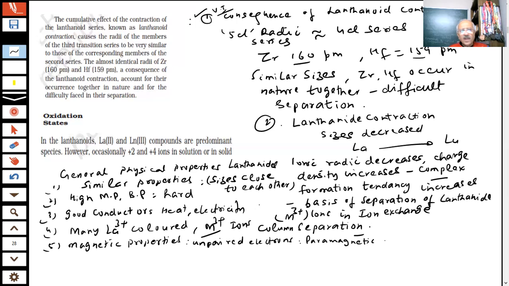We will continue more about oxidation states and other chemical properties in our next class. So this is the first important point here. Their physical properties, as well as the lanthanide contraction, are an important question. Writing electronic configuration and small questions on definitions are always asked to the students.